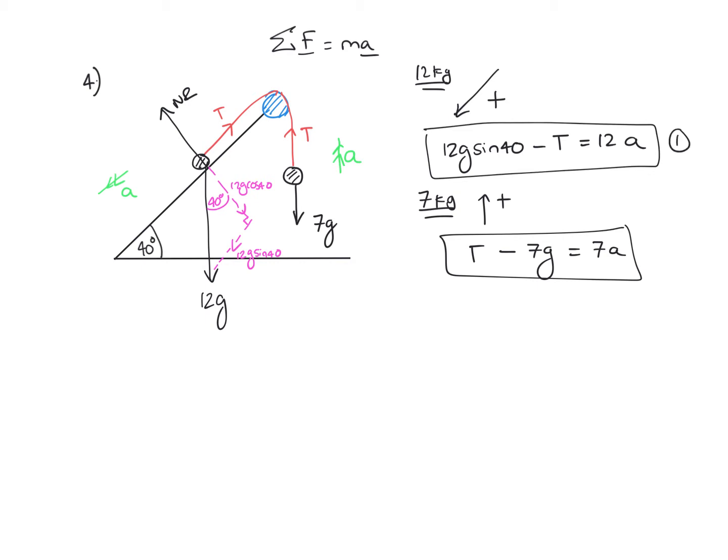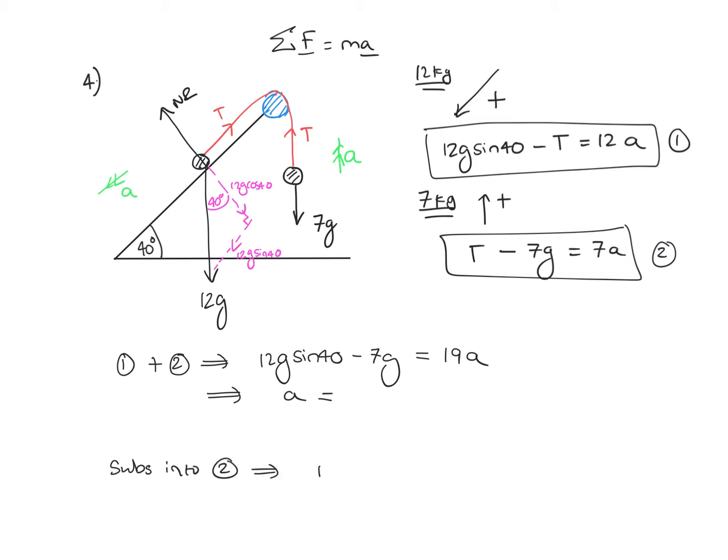And the easiest way of solving these is to add these together. So we've got 12g sine 40 minus 7g equals 19a, and from here we can work out the acceleration and then substitute that back into equation 2.